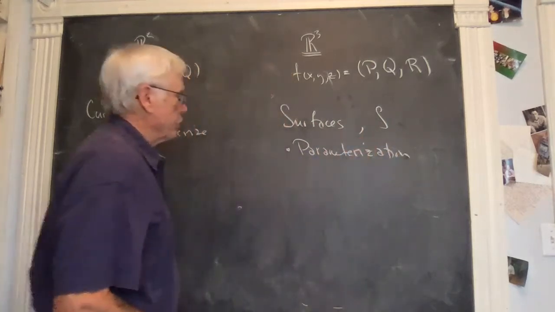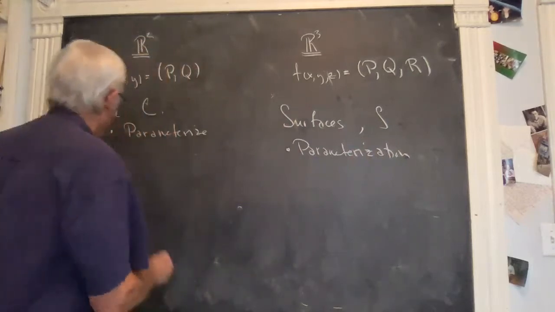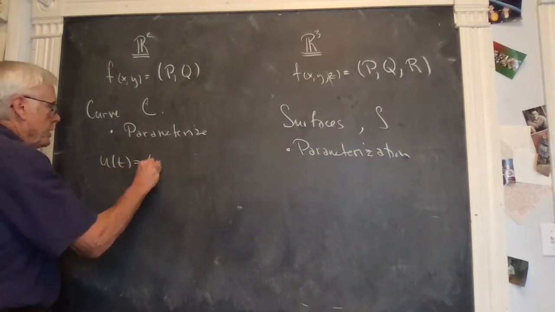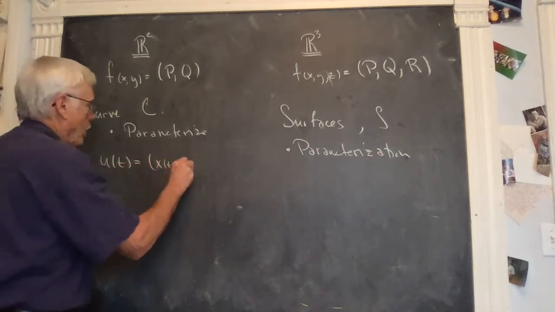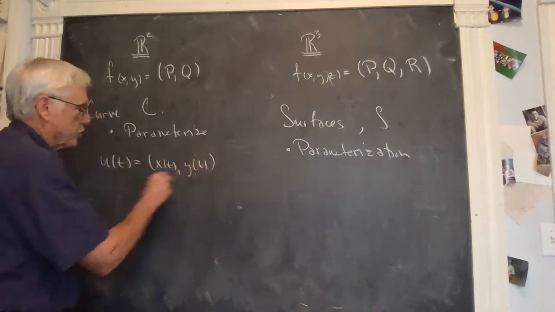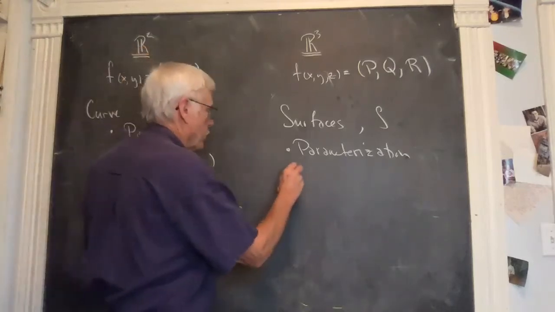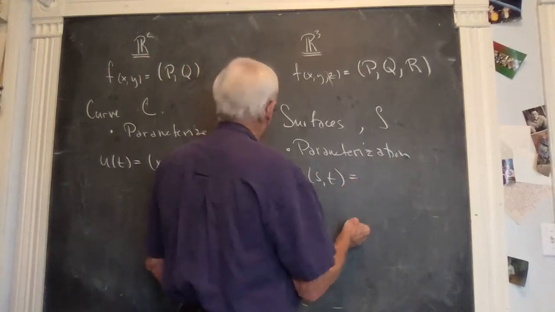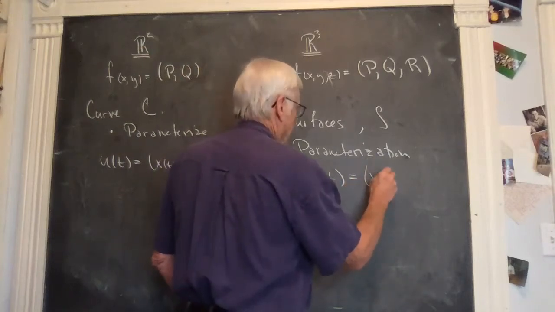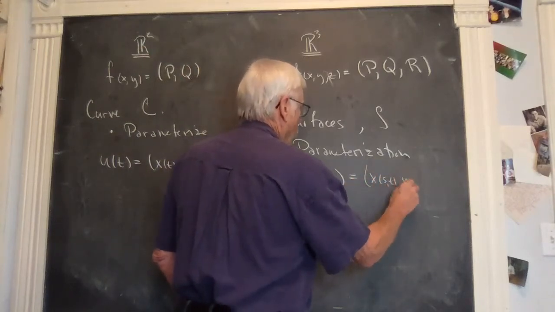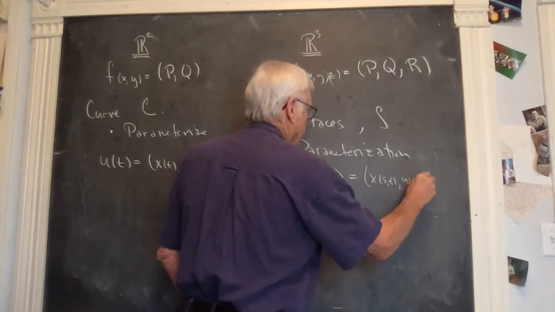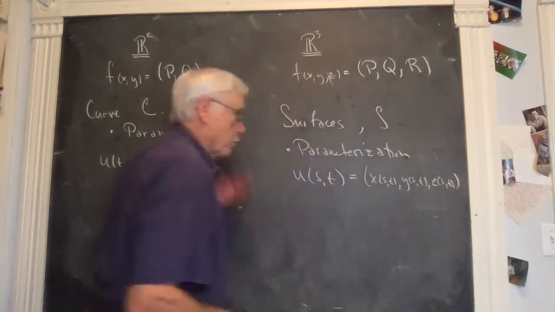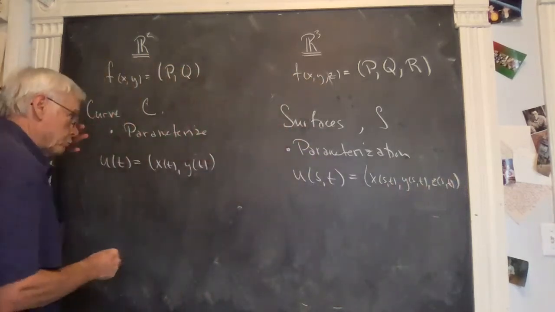We've dealt with surfaces before. A curve will have a parametric form: u of t will be x of t, y of t, t in some domain. Over here, the parameterization will be u of s and t, which will be x of s and t, y of s and t, z of s and t, and s and t will be in some domain.